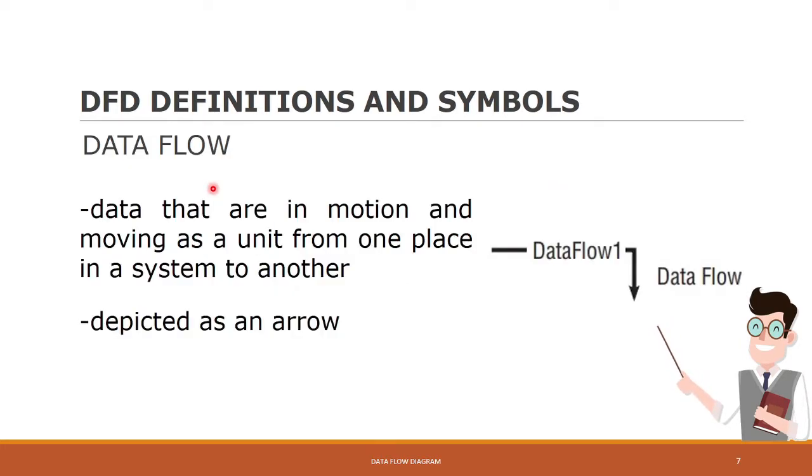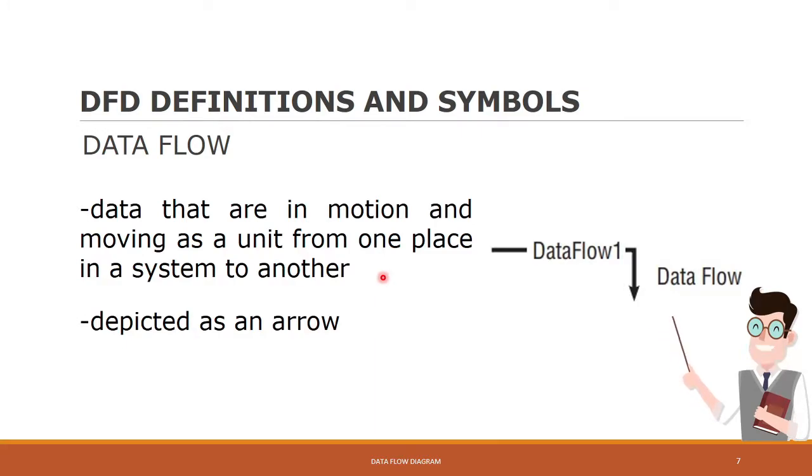The first data flow diagram symbol is the data flow. A data flow is data that is in motion and moving as a unit from one place in a system to another.